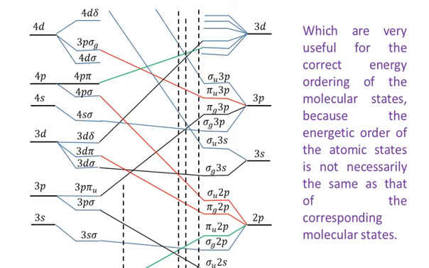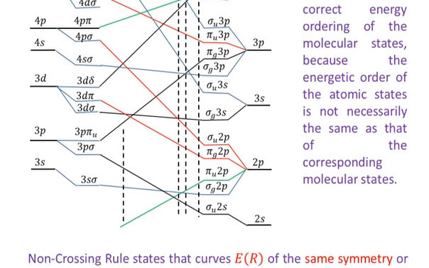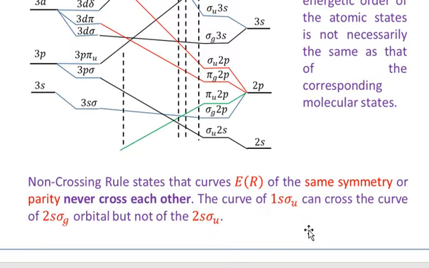And I have shown some lines over here, which form the correlation diagram, and these lines will be explained. For example, the caption of this diagram talks about the non-crossing rule, which states that the curves E of R of the same symmetry or parity never cross each other.